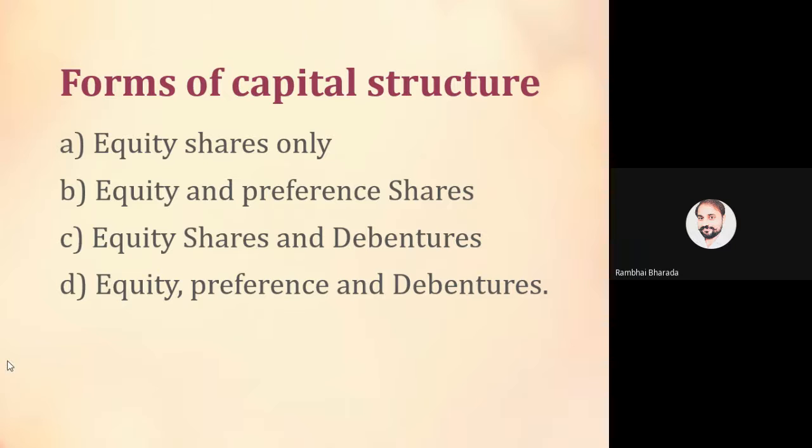Number two, equity and preference. Sorry, number three, equity and debentures or debt. But generally, we have number four. So if somebody asks which capital structure is followed by a company, you need to write equity, preference, and debt. Are we clear? Shall we go for the next?